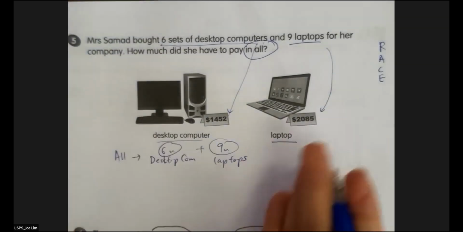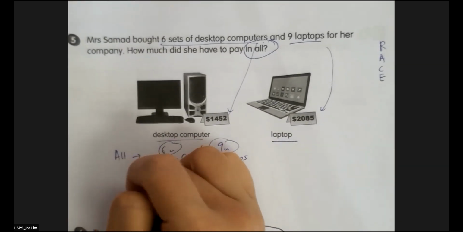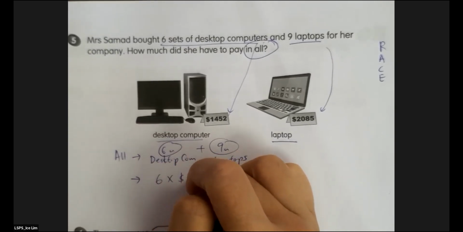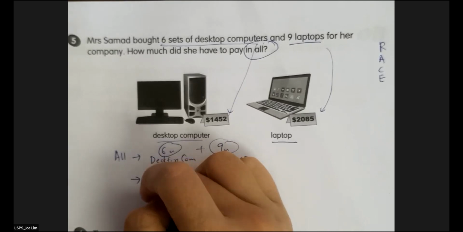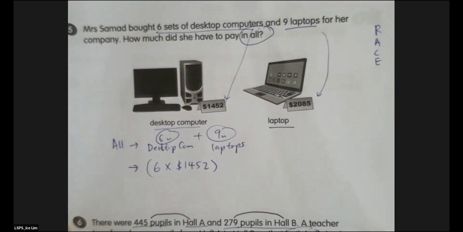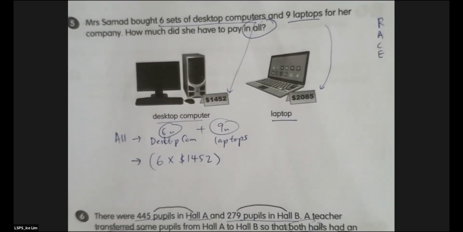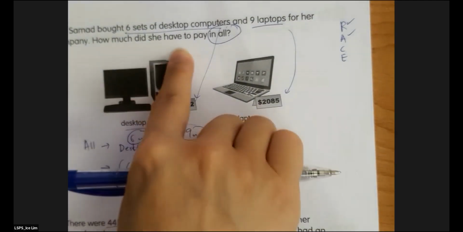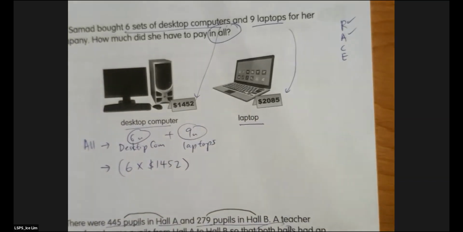That's what it means. The picture is given to you. So I can already go to the steps of 6 times 1452. I've not so much annotation to do because there's a picture to guide.